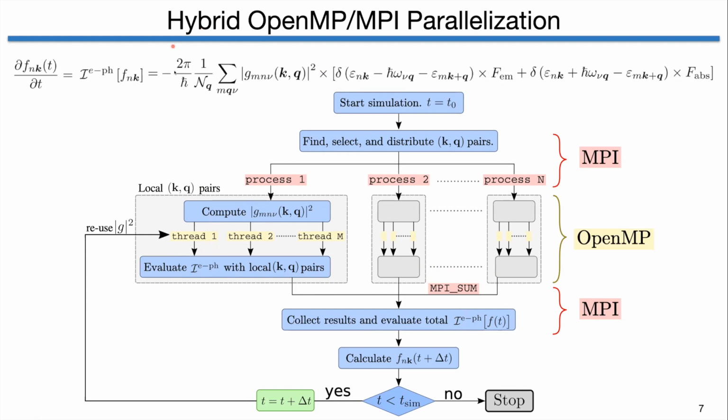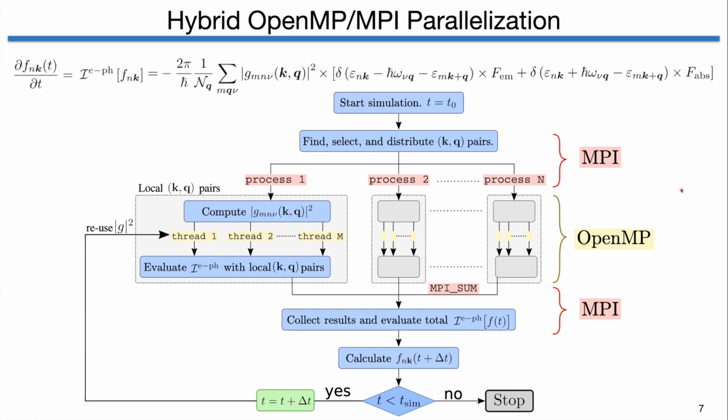At this stage, since we know already the electron-phonon integral, we are able to time step our occupation function. So we are able to move one step further. So we compute our occupation function at t plus delta t. And if the simulation is not finished, we have to repeat. But when we will be repeating, we are not going to recompute these g elements on the fine electron and phonon grid. We will store them in memory, and then we will just read them, which significantly improves the efficiency of the approach.